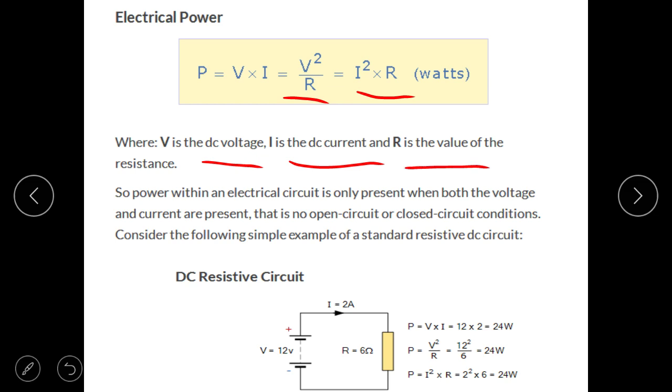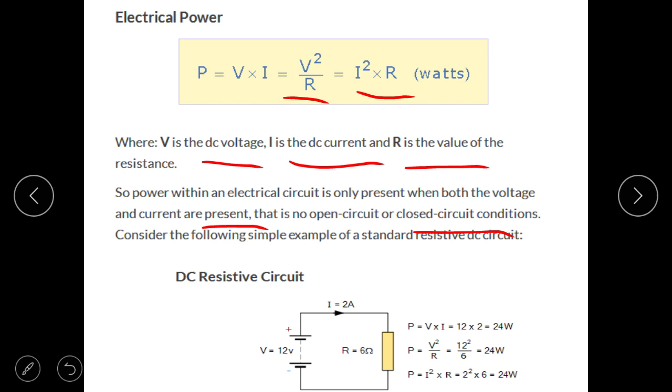Power within an electric circuit is only present when both voltage and current are present, that is, under non-open or closed circuit conditions.